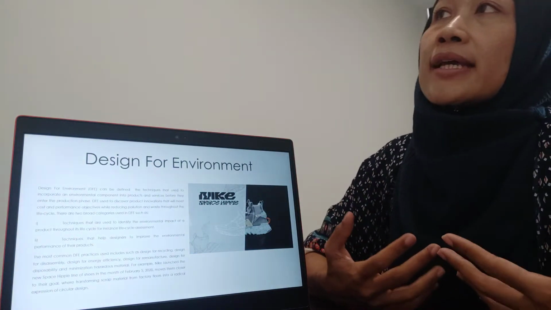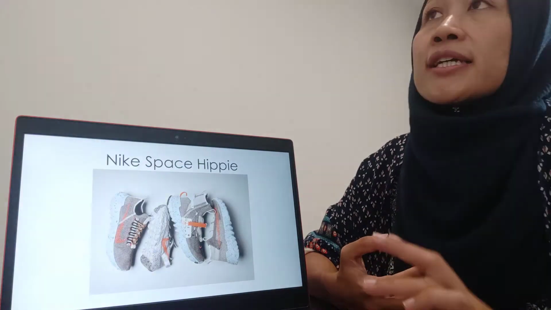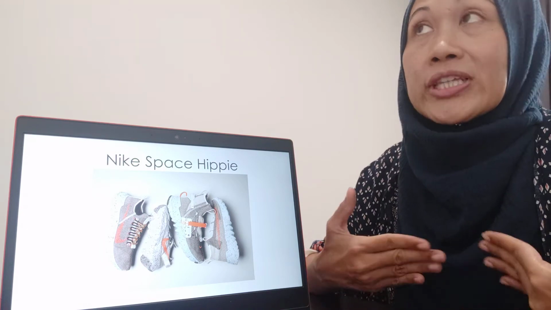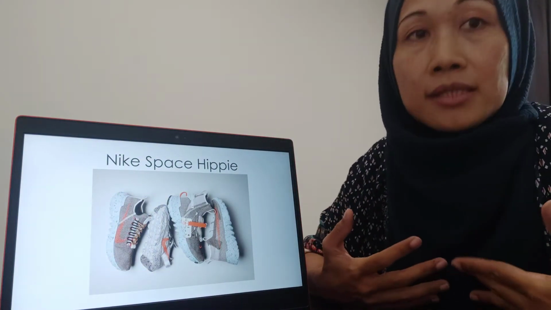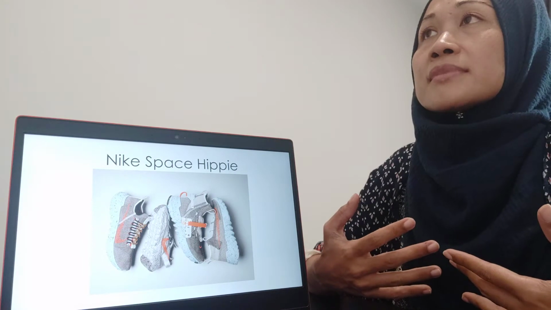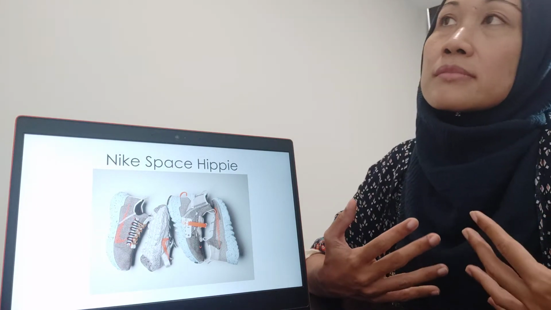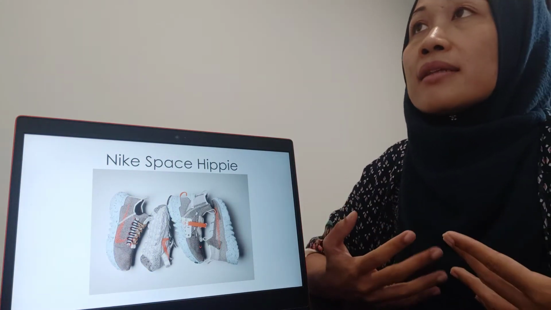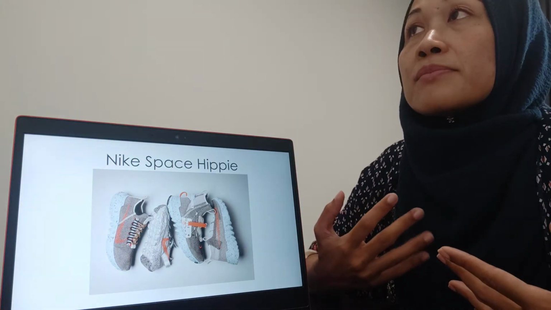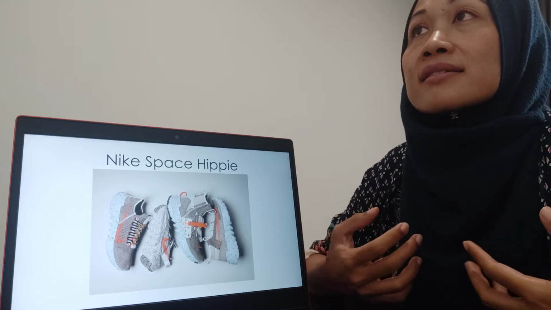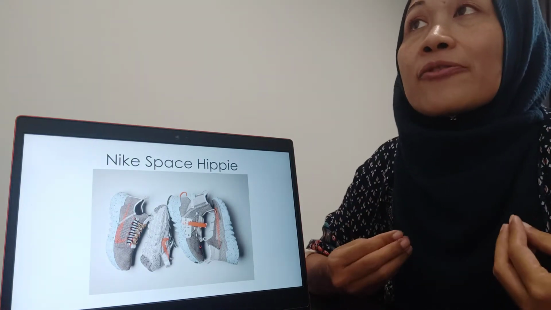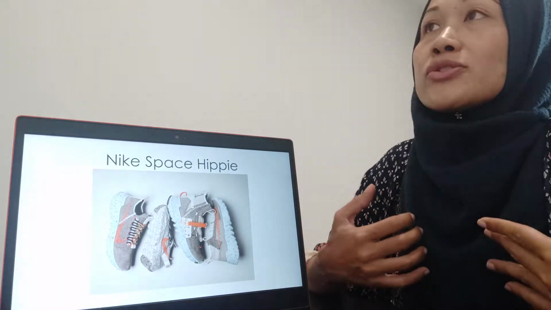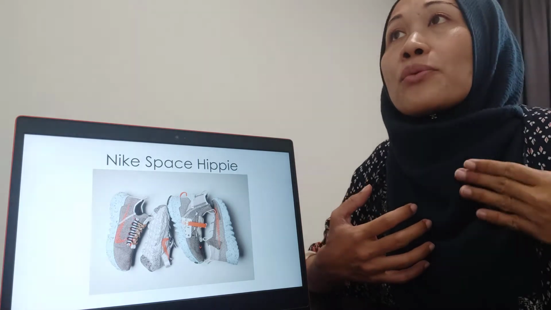Having said that, Nike have also launched their latest product on February 5th this year, known as Space Hippie. Well, aligned with Nike's vision and mission, which is to remain the most authentic, connected, and distinctive brand, to bring inspiration and innovation to every athlete in the world.